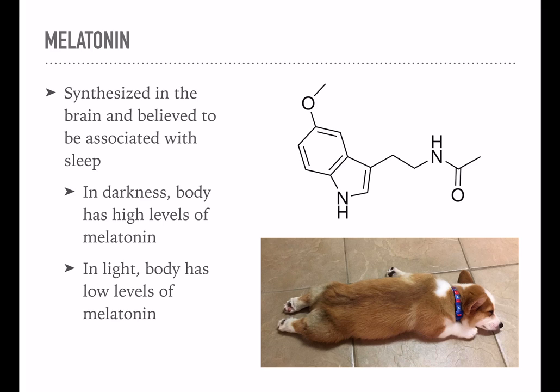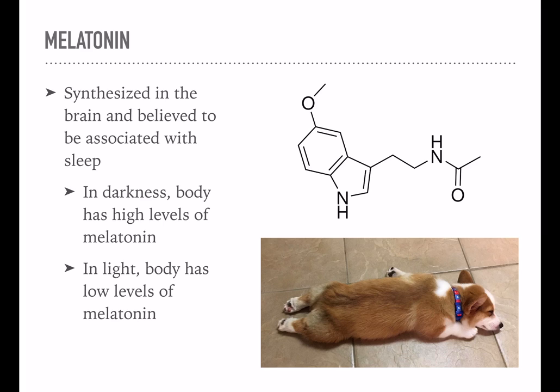Melatonin is a chemical that is synthesized in our brain, and within the last quite a few years, people have started to develop hypotheses about the association between melatonin and sleepiness.